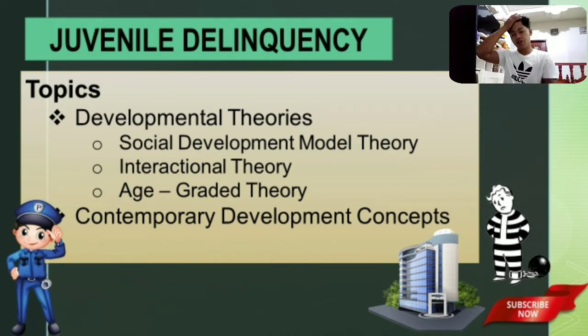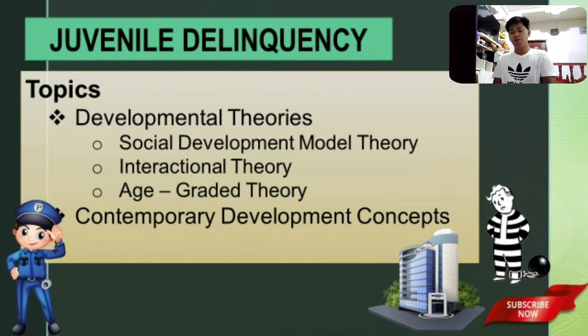This is closely related to our previous lecture on the different theories involving juvenile delinquency, such as biological, trait theory, and sociological theory. If we correlate them, it is really more related to the sociological theory, the sociological view on the causes of juvenile delinquency.